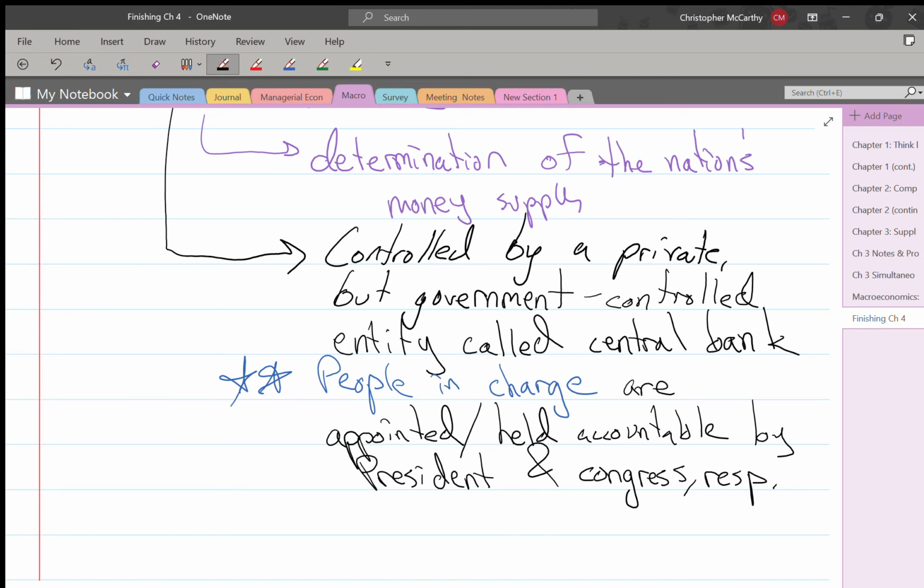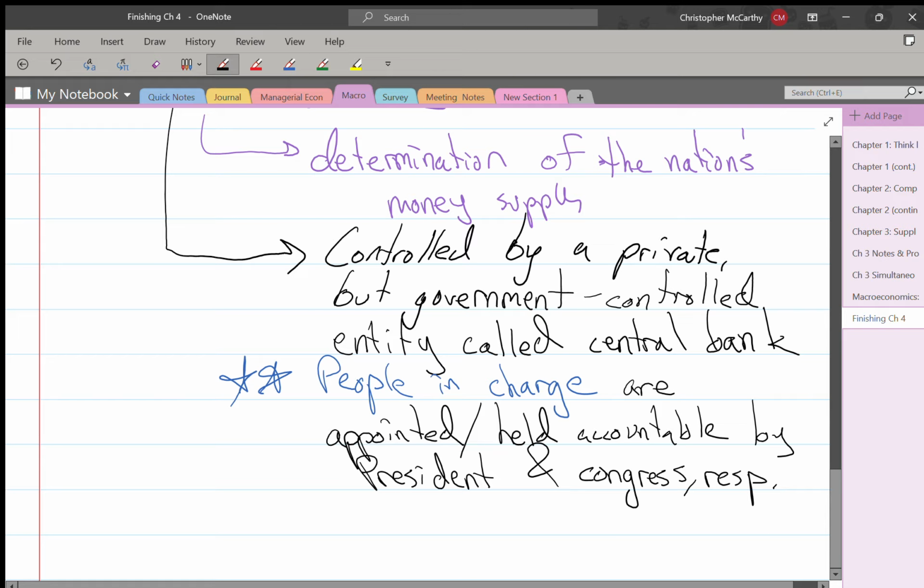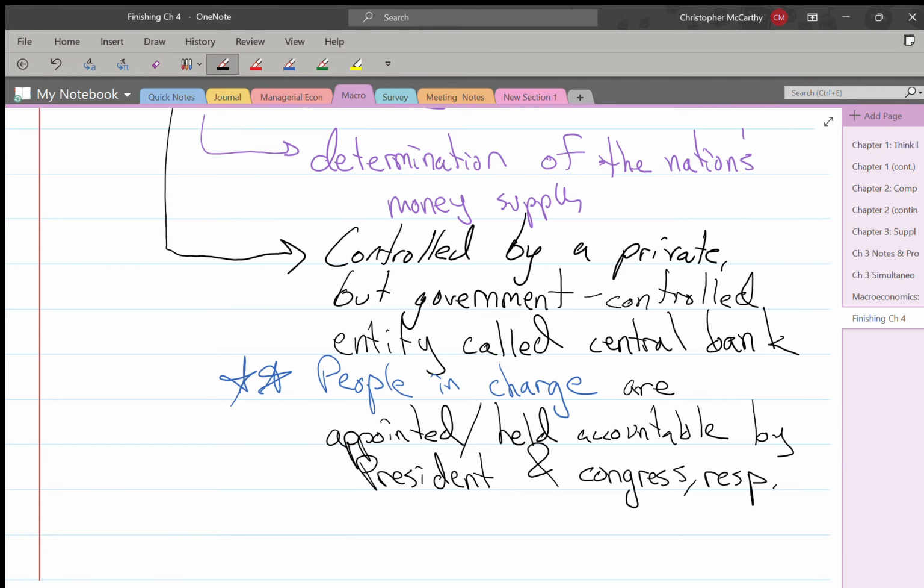They can't really give them commands of what to do, but they can express their concerns, they can advocate for different policies. But these institutions, these central banks, are meant to be outside of our political process. So why do we think that they're meant to be outside of the political process?